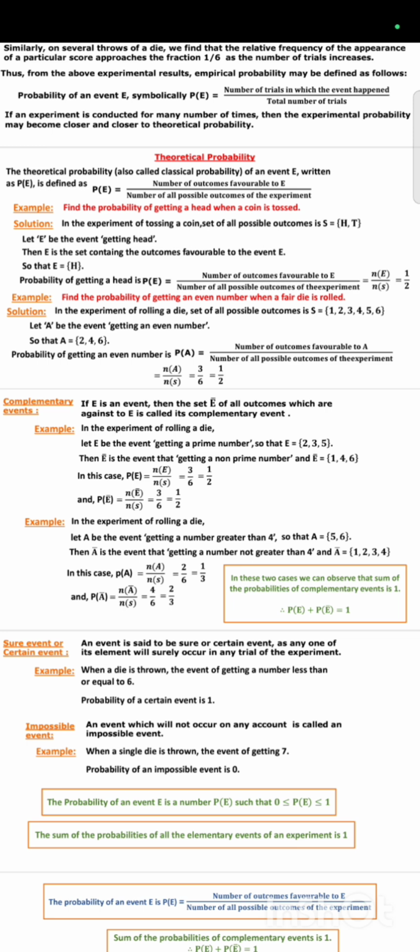So the probability of getting a head, P of E, is equal to the number of outcomes favorable to E by the number of all possible outcomes of the experiment, so N of E by N of S, which is equal to 1 by 2. Okay, so like that we can solve all the problems.